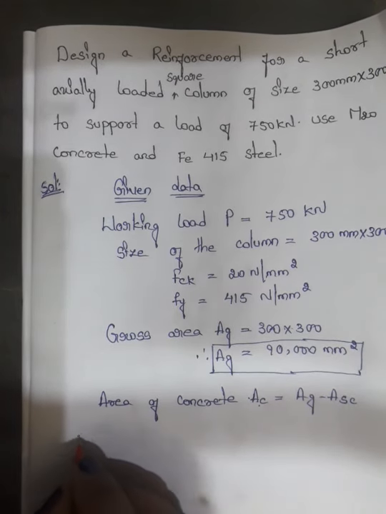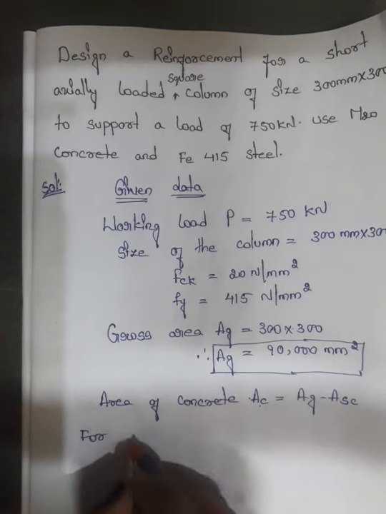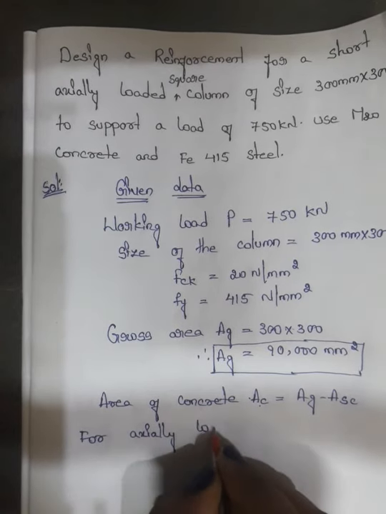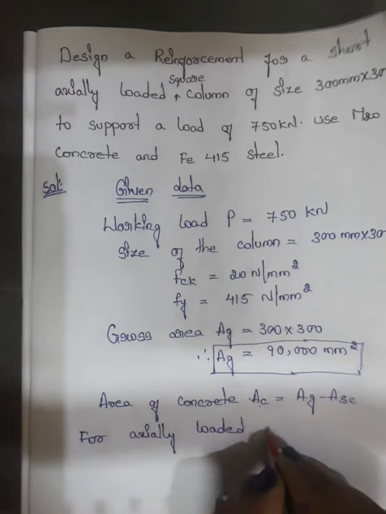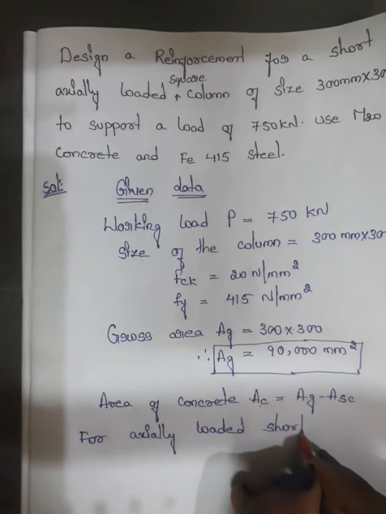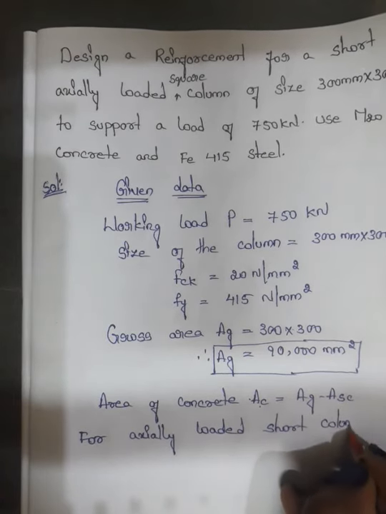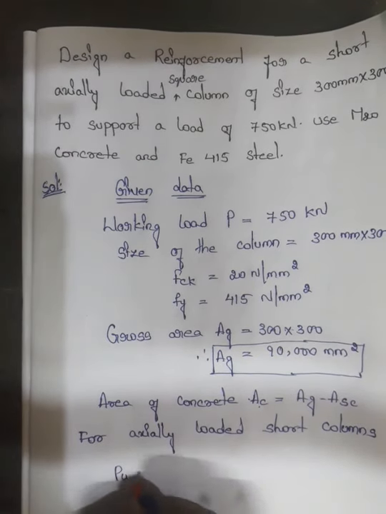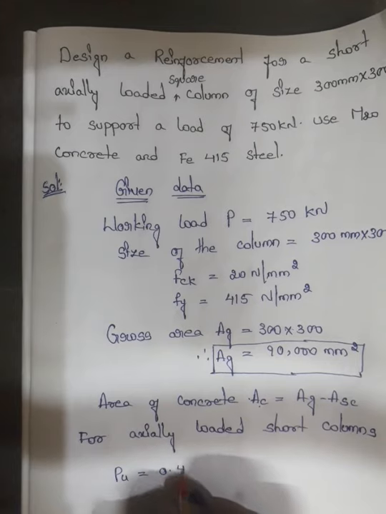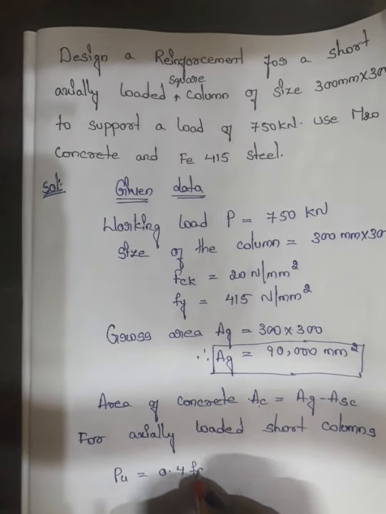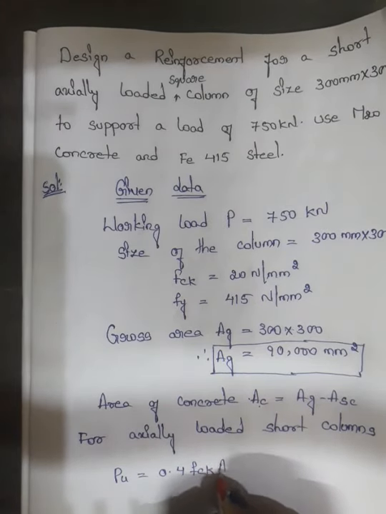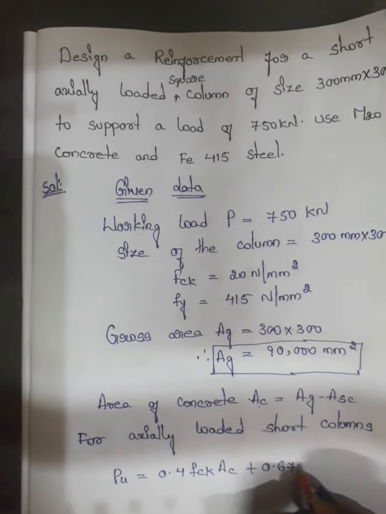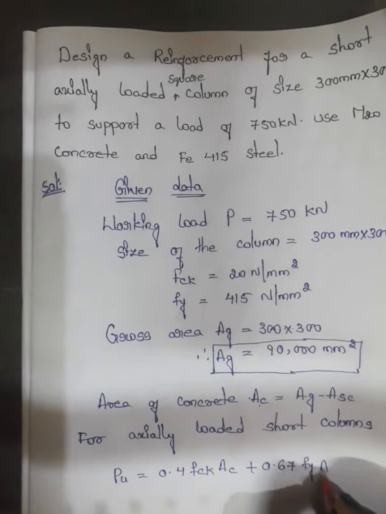So now for axially loaded short columns, we have the formula Pu is equals to 0.4 fck Ac plus 0.67 fy Asc.